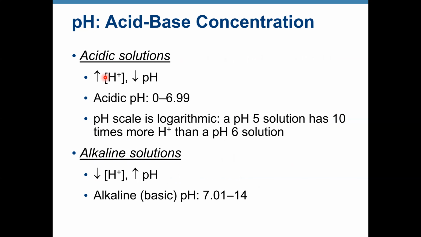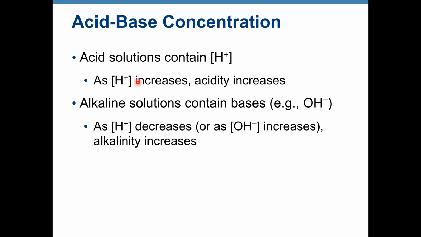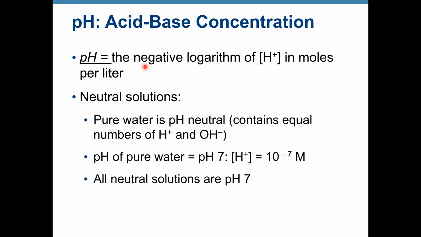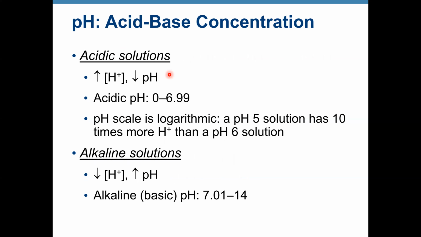Now look over here. When concentration of hydrogen increases, remember, we have more acidity. So the solution became more acidic. So concentration of hydrogen increases, but the number for pH is decreasing. And this is because the pH is a negative logarithm, right?